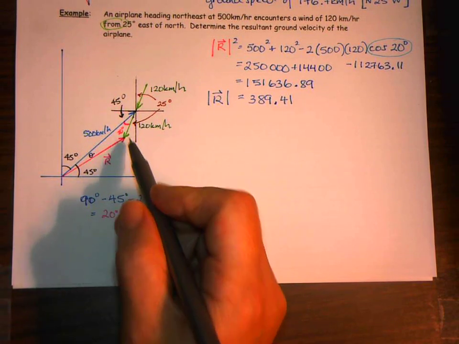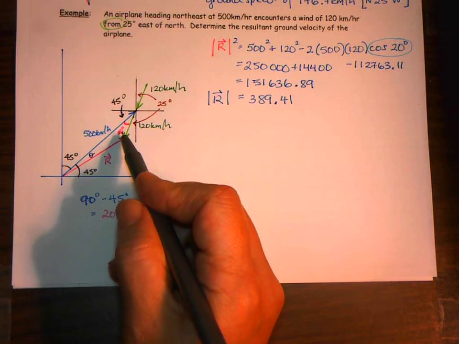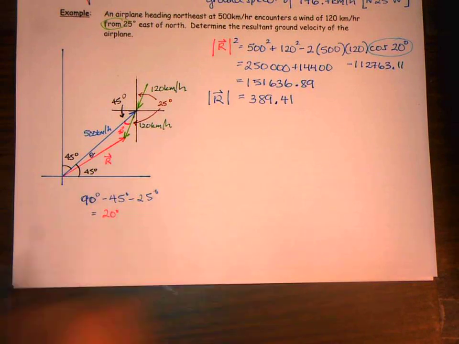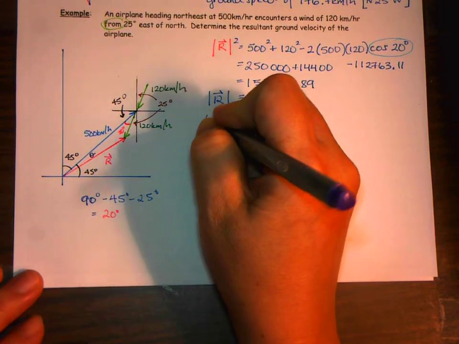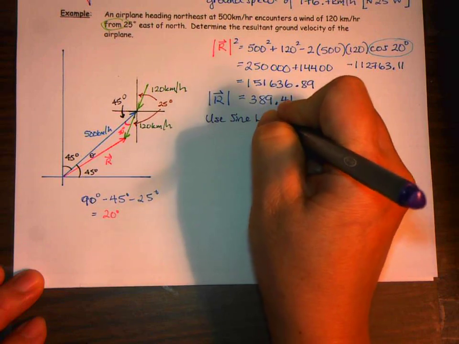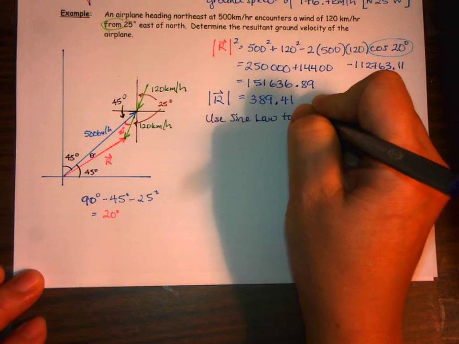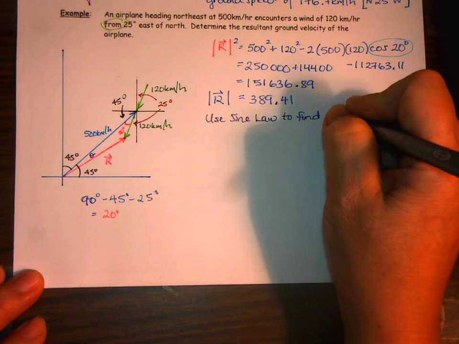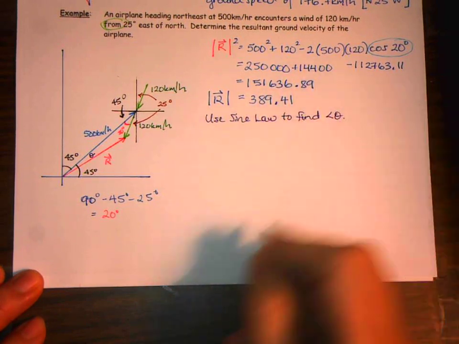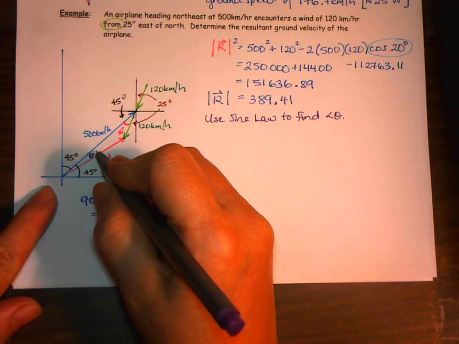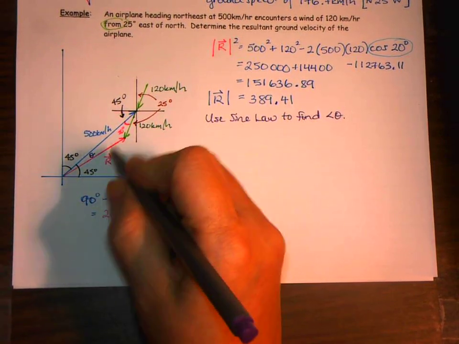I have an angle known, and I have a side that's now known. So I'm going to use the sine law to find angle theta, and that is going to be a over sine A equals b over sine B.